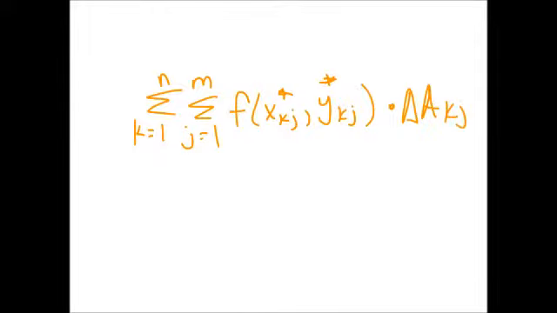And then we have the function f(x_kj*, y_kj*), multiplied by delta A_kj, which is gotten from the product of delta y_j and delta x_k shown before.